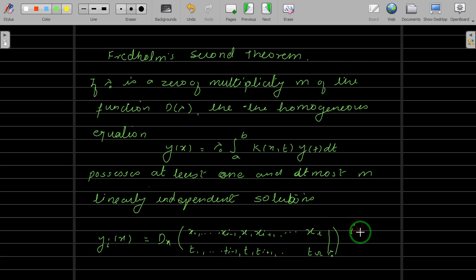Now here your i will be from 1 up to r, and your r is from 1 up to m. So it is at least 1 and at most m solutions here. Right? Let me write this r again properly. And further, this is not identically 0.